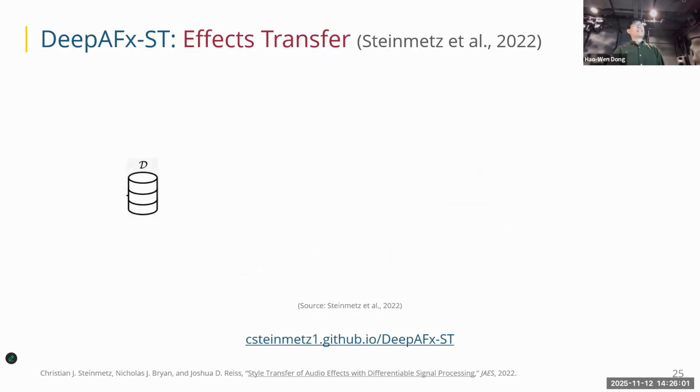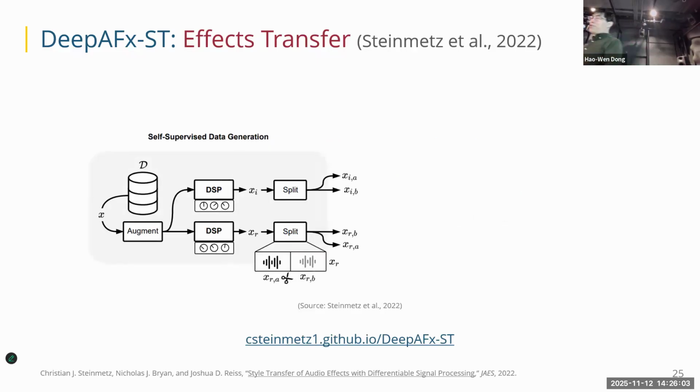So this is how they do it. This is called self-supervised, so they didn't actually have to grab a bunch of labeled data. You grab a bunch of dry sounds, and then you do two sets of different DSP setups. You see these knobs are kind of different, a little bit subtle, but you apply different effects on top of those. Now you have the first one with these effects and this one with the other effects.